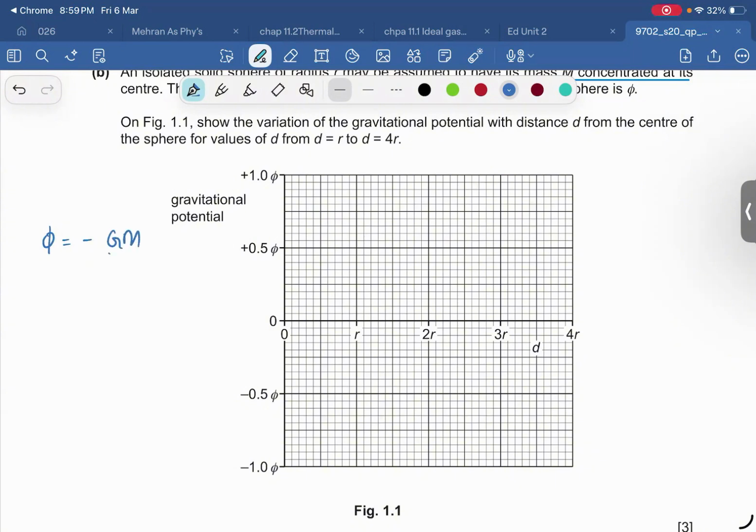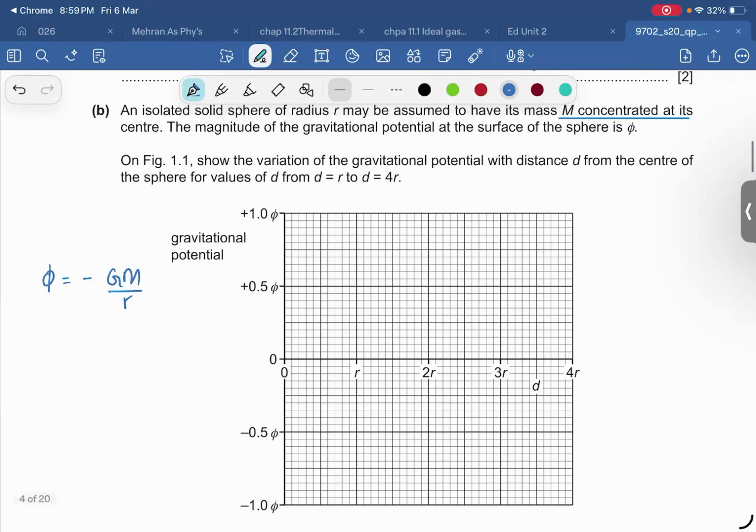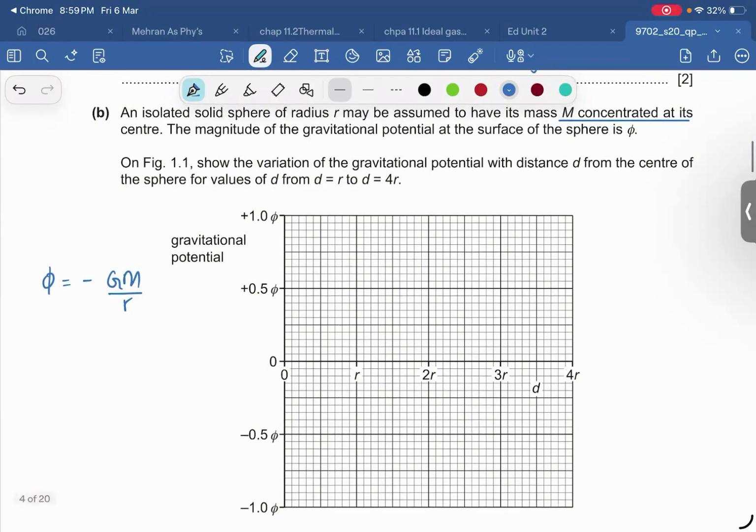Should we start from one and then go lower? At one it'll be at the maximum, like the lowest point, on the axis basically. They mentioned that at the distance r, your phi will be just 1. This is the first point that they mentioned.